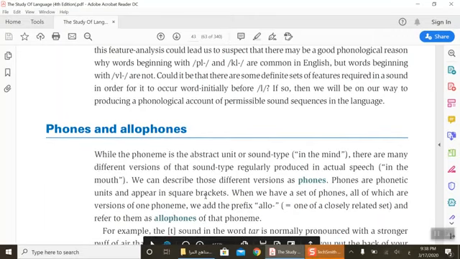We have, for example, the letter T and the letter C. C is sometimes pronounced as s, sometimes as z, and sometimes as iz.